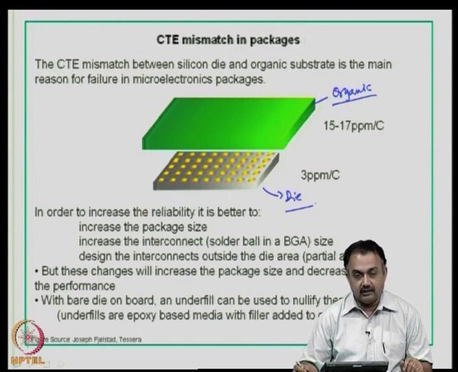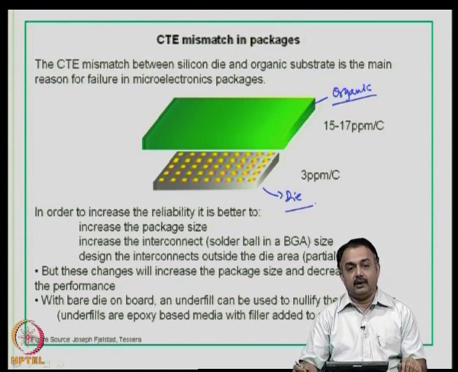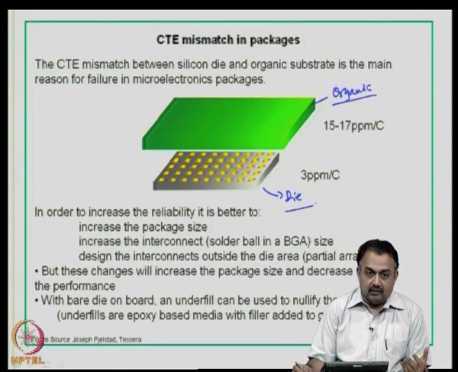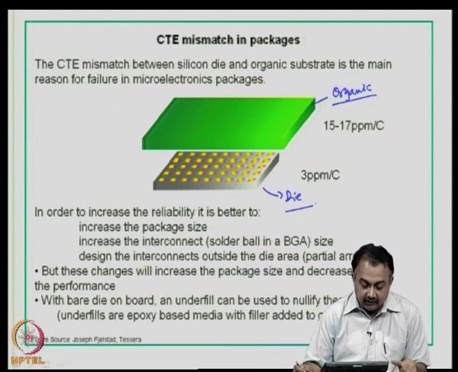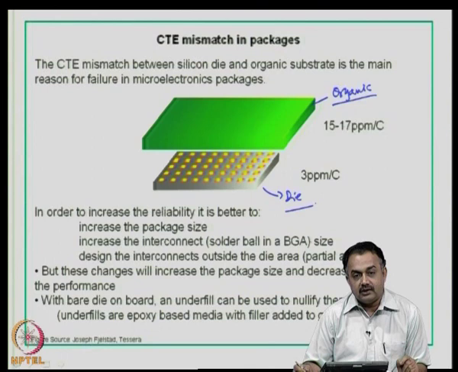So, how do you increase the reliability? It is better to increase the package size, but that does not justify, because we are always looking at lowering the package volume and size. But if this is going to be a problem, you have to increase the package size, increase the interconnect or the solder ball dia or size in a BGA, and design the outer interconnects outside the die area.